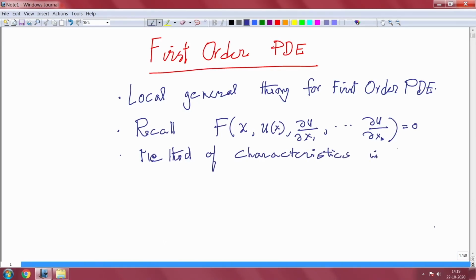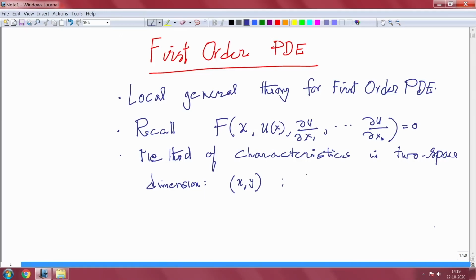In 2 space dimensions we use the notation x y instead of x1 x2.